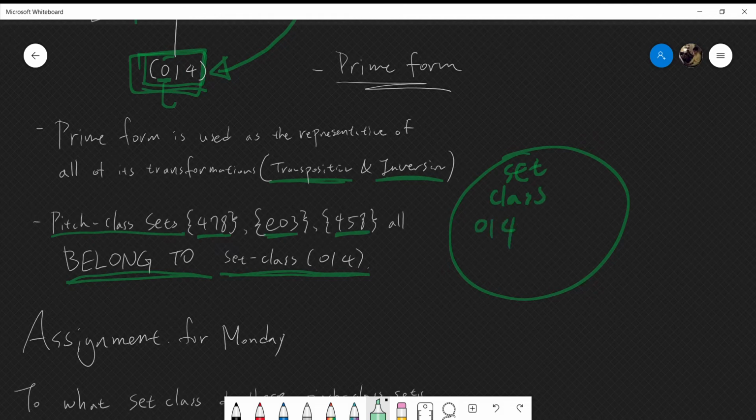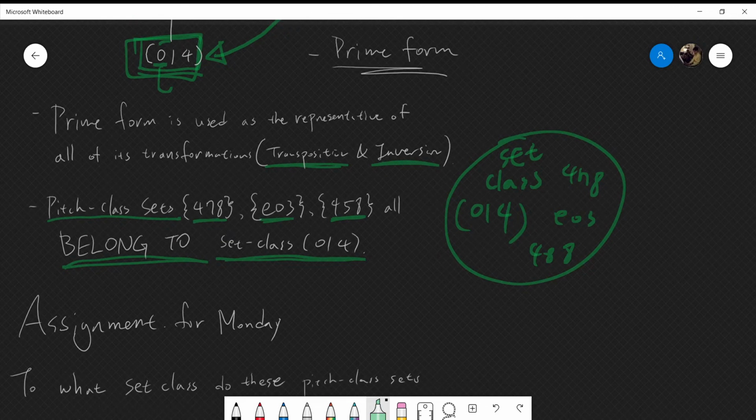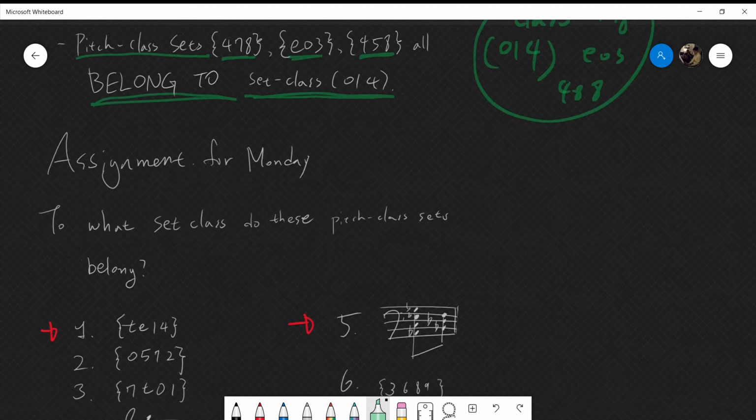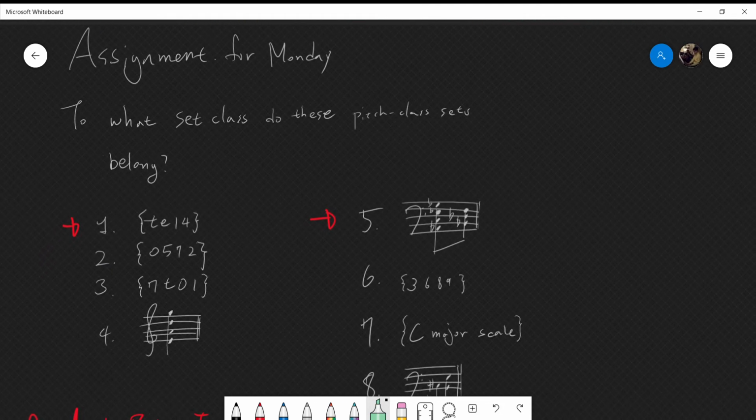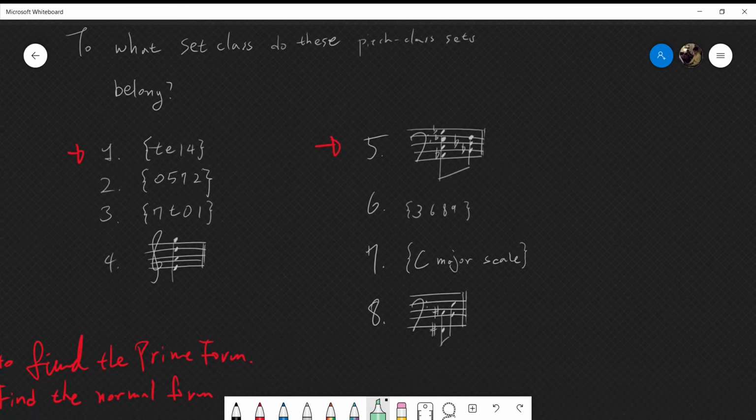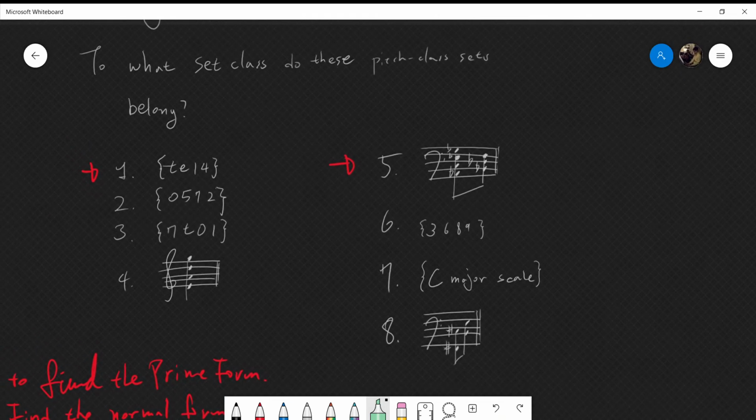Set class 014 includes all these: 478, E03, 458, and all of these pitch class sets, among many others. Okay, so for Monday, I want you to figure out the set class for these 8 pitch class sets.